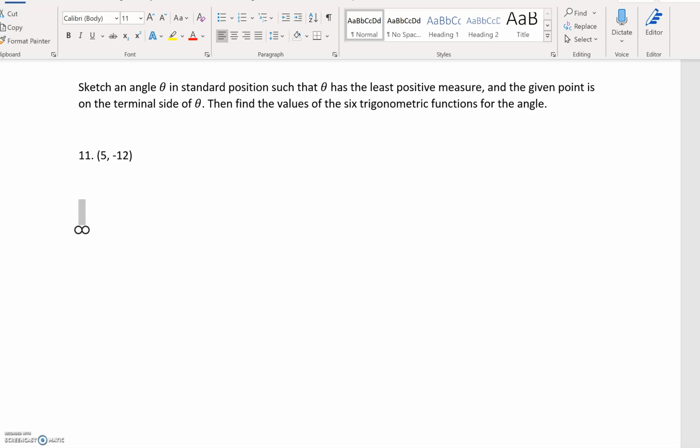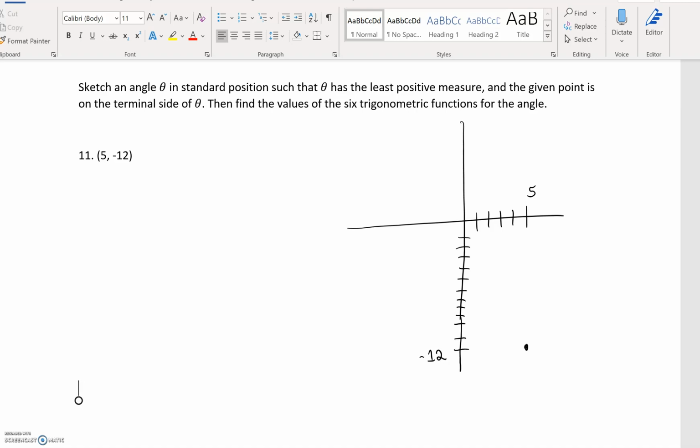So your point is 5, negative 12. So this is your point. And theta is supposed to be in standard position.